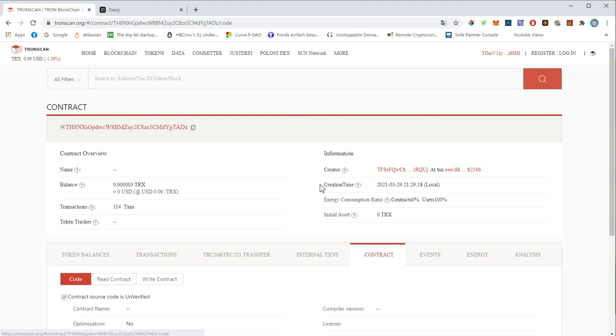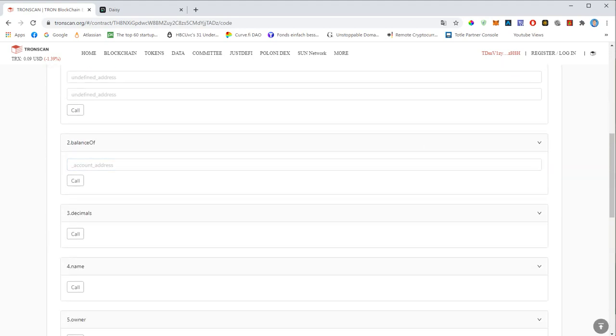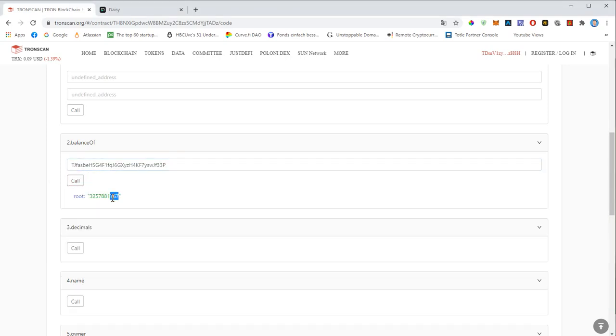We go to contract, read contract. So now we can have a look at the balance. So this is how much this person has on his or her balance as far as bonuses, right? Leadership bonuses.